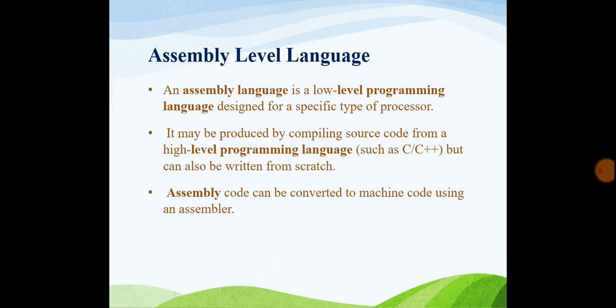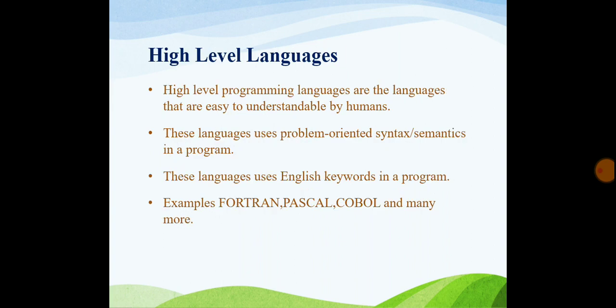This type of programming language is called the higher level programming language, that is, high level languages. They are designed in such a way that they are very easy for a beginner to learn, and they are very close to human readable languages.